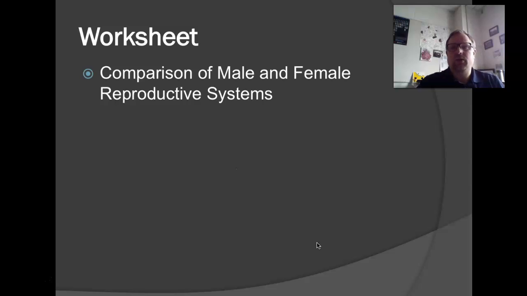Worksheet 1 will be a good comparison of the male and female reproductive systems, and worksheet 2 is a kind of B2, B3 worksheet. So it's going to be the first 2 questions you can do on that, questions 1 and 2, which will be associated with the female process of oogenesis, as well as talking about secondary sexual characteristics. Don't do question 3 on that just yet until we've got concept B3.